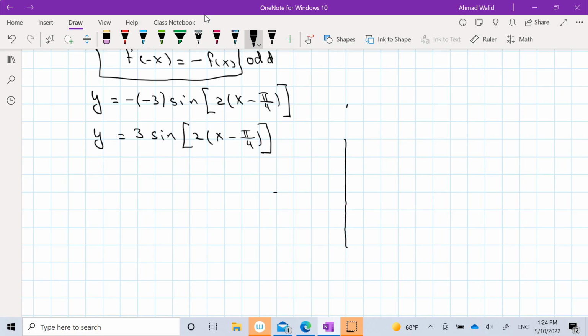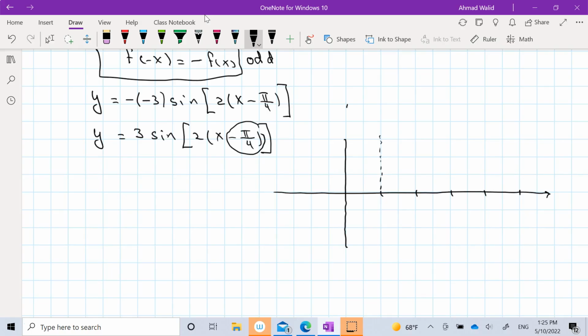Correct? Negative pi over 4 means you are shifting to the right by pi over 4.